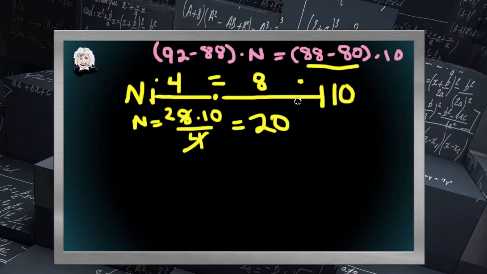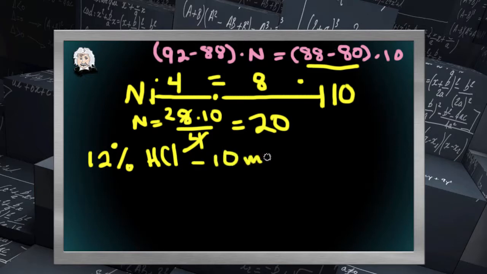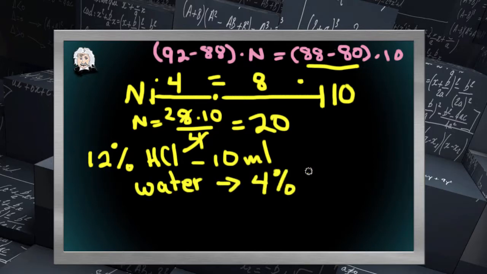One other example that shows this, let's look at a mixture problem. For example, let's suppose I have 12% hydrochloric acid solution, and in total I have 10 milliliters. I want to mix that with water to get a 4% hydrochloric solution in total.